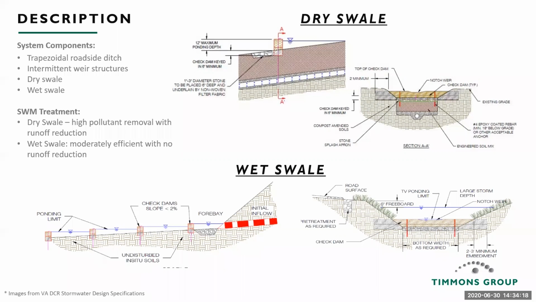It also incorporates wetland plants, sometimes with shallow pools, but is essentially like an aquatic bench for a BMP, and the aquatic bench will help provide a little bit better runoff reduction as part of the stormwater goals. And like I mentioned, dry swales, kind of like bioretention, will have a high pollutant removal rate, a little bit more than wet swales.